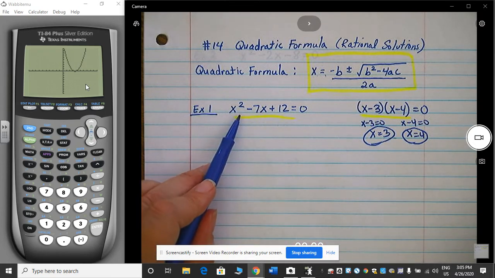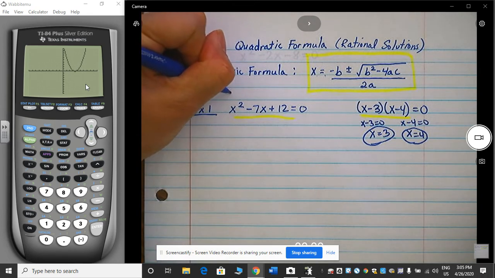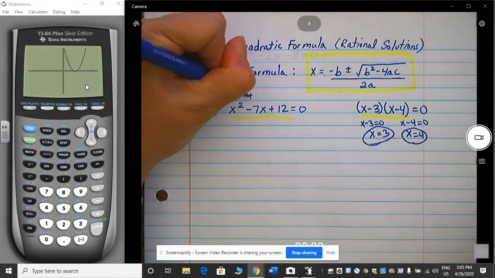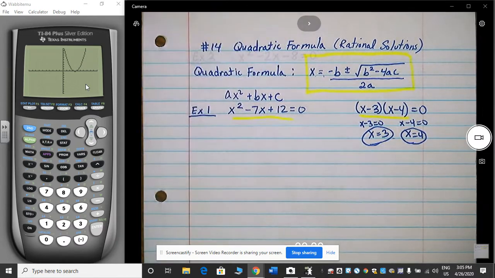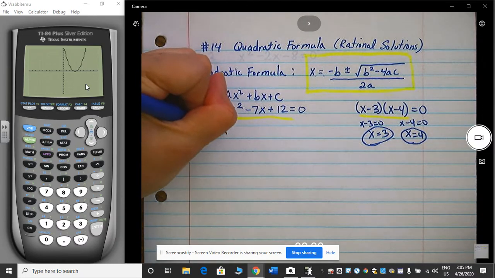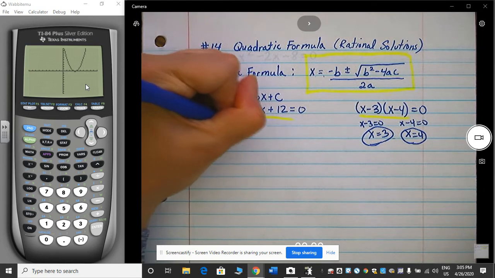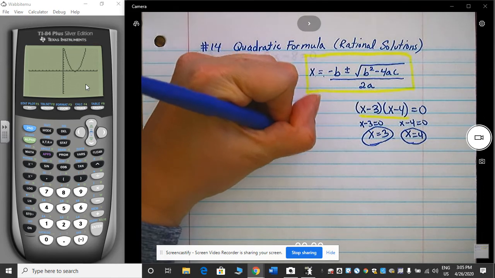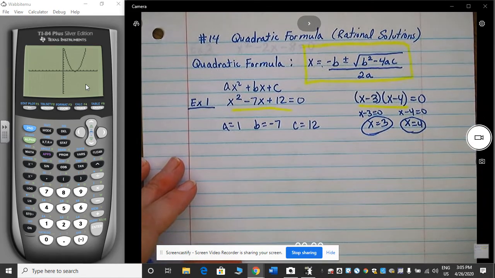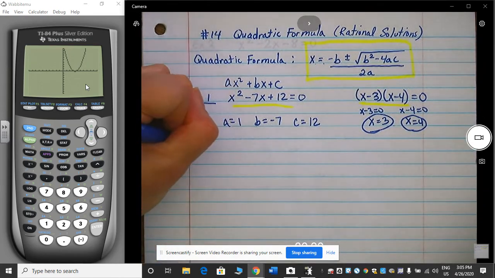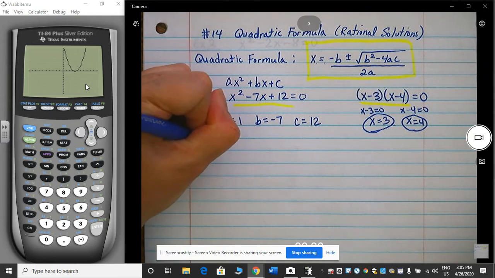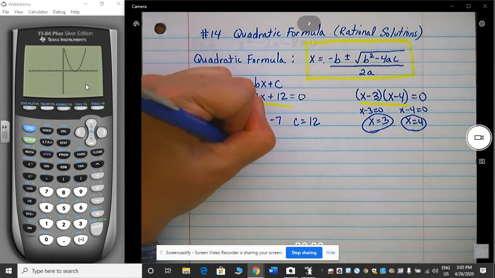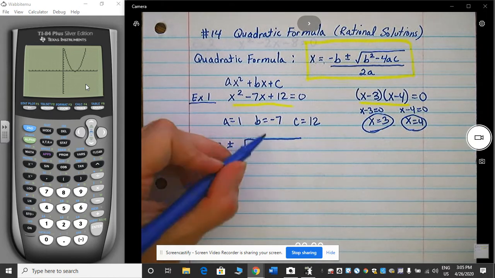And so the first step is to identify your values of a, b, and c. So what you have to remember is it's ax squared plus bx plus c. And so a would be 1, b would be -7, and c would be 12. And so then plugging it into my formula, x equals the opposite of b plus or minus the square root of b squared.